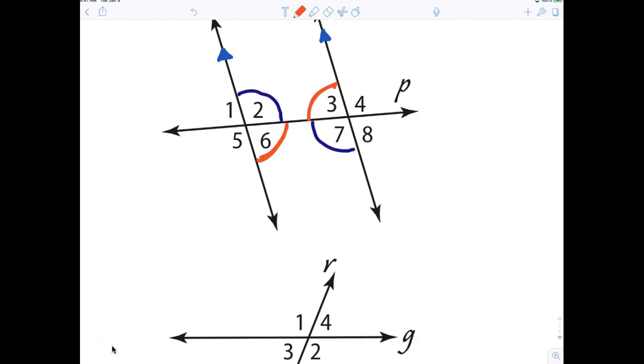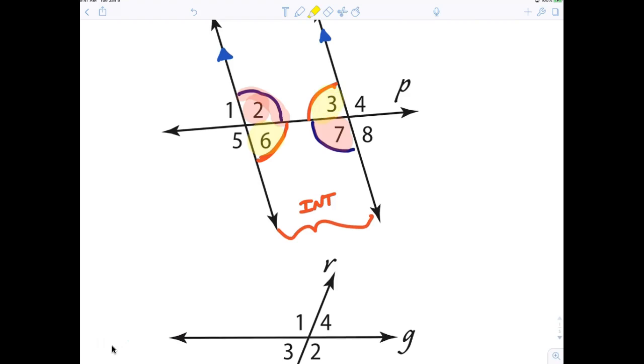Interior means inside the parallel lines. Exterior means outside the parallel lines. Alternating means opposite sides. So 6 and 3 are alternate interior angles.